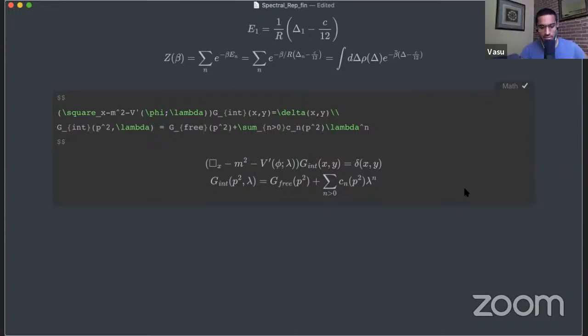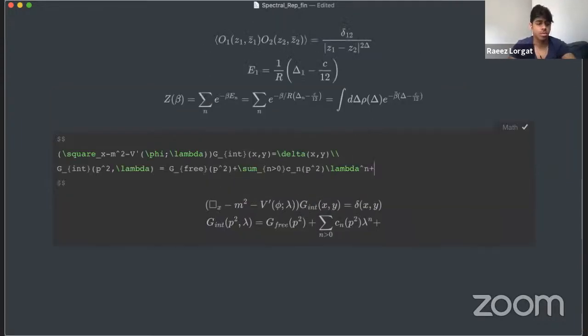That's another interesting discussion to have, because you could say that's definitely the case for a weakly coupled theory. Now, more generally, what is the meaning of this series? This is just some asymptotic expansion.